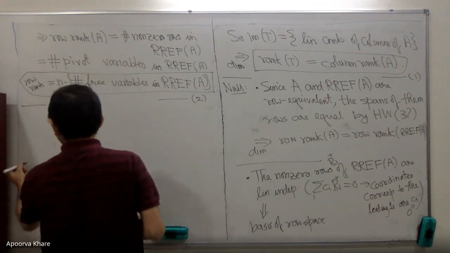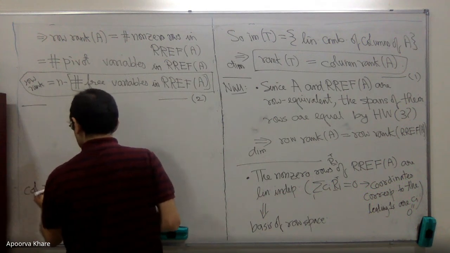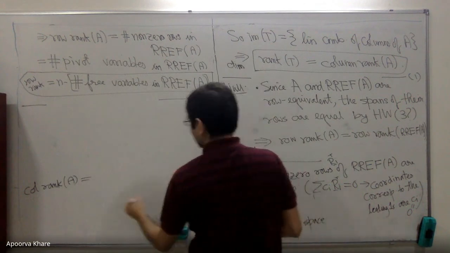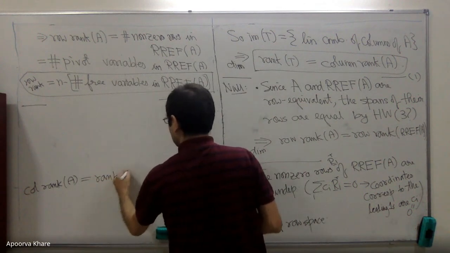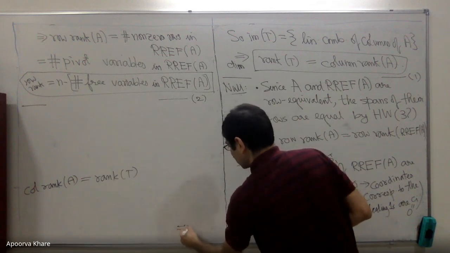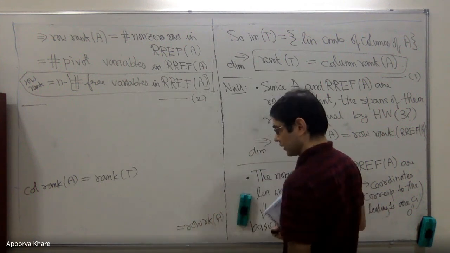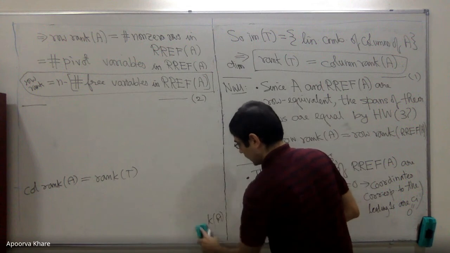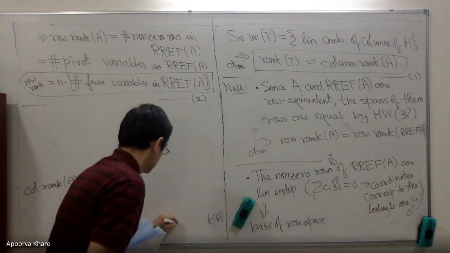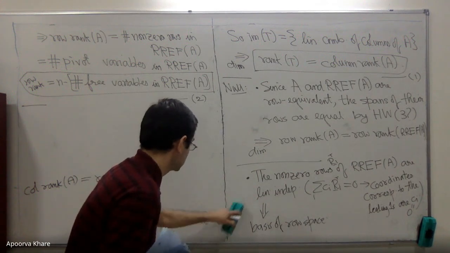Here's what I'm trying to say. The column rank of A, on the one hand, is the rank of T. I have to get to the row rank of A, and this is going to be the end of my proof.